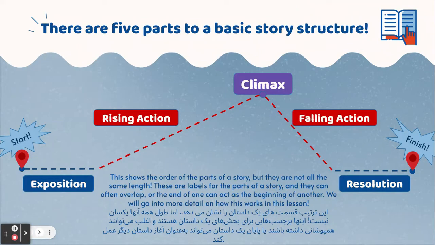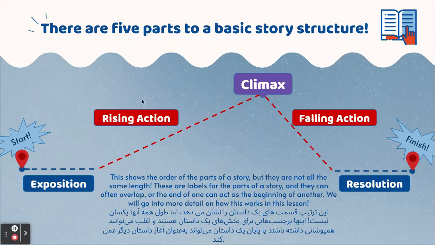So, in a story or plot structure, there are five basic parts. The first is the exposition. The exposition usually introduces the setting, the time period, the main characters, and even the main conflict.